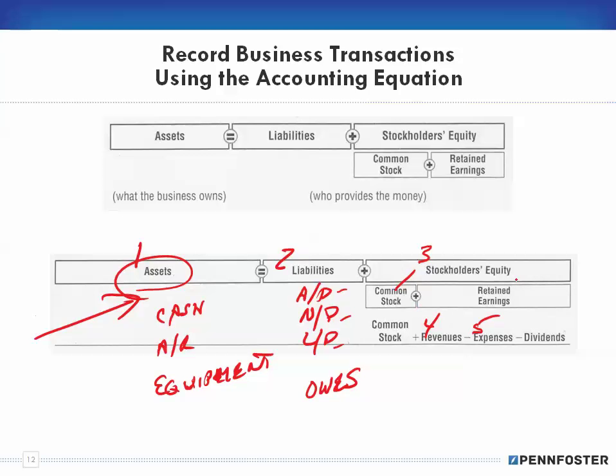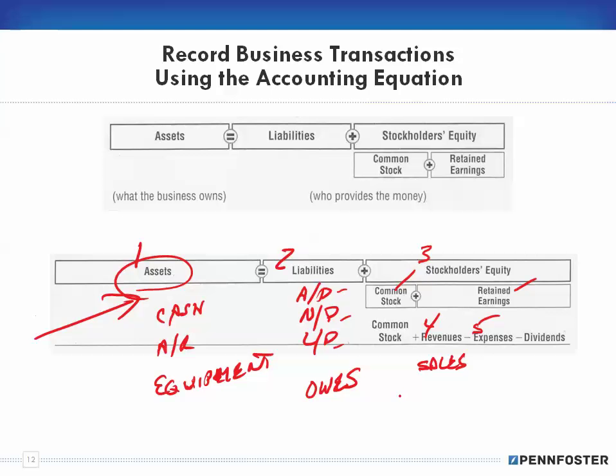And we would have an account called retained earnings. There are also bonds and stuff like that, but that's getting way ahead of ourselves. Just realize that under the equity accounts, you're going to have a common stock account and a retained earnings account.